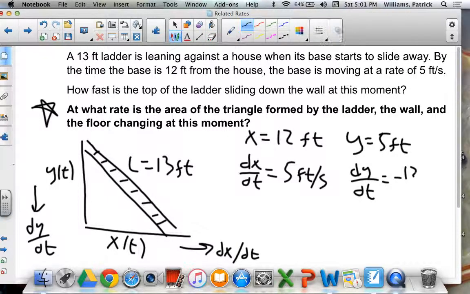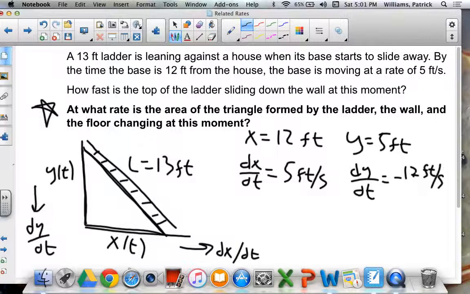So try to read this problem real quick, and why don't you pause the video and see if you can apply the same kind of methods that we did before. Remember, we want to find an equation that relates all of our variables together to find the rate at which the area of this triangle that's formed by the wall and the ladder is changing right here, okay?